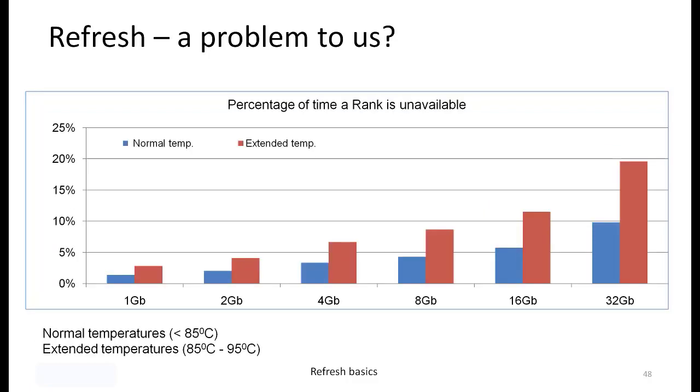If we consider extended temperatures, which is 85 to 95 degrees centigrade, we need to refresh at twice the rate. Accordingly, the time we spend in refresh is increasing. For example, for the same 32 gigabit device, we spend almost 20% of the time in refresh at high temperatures.